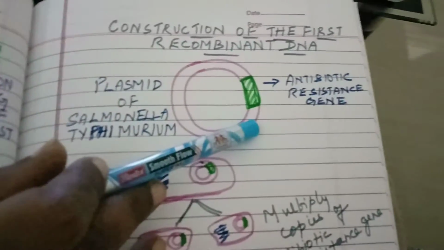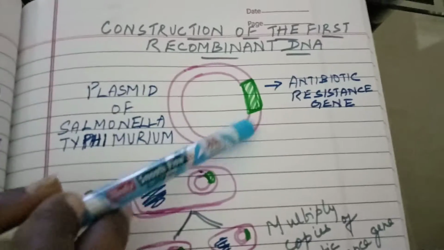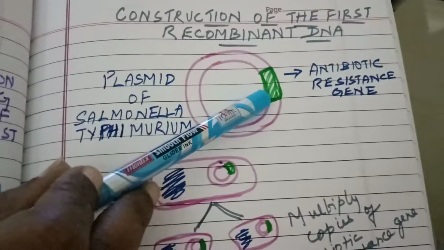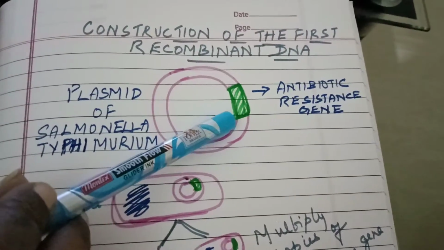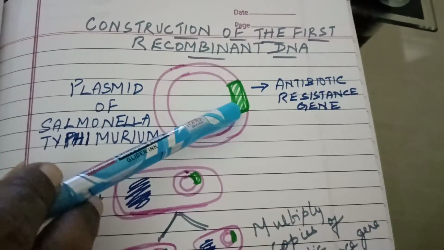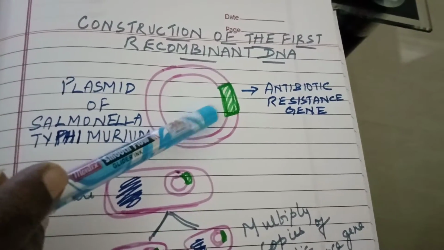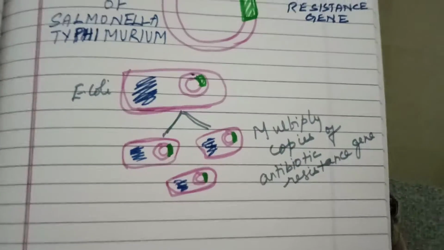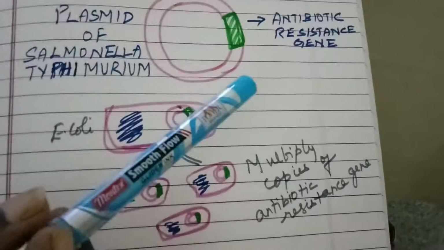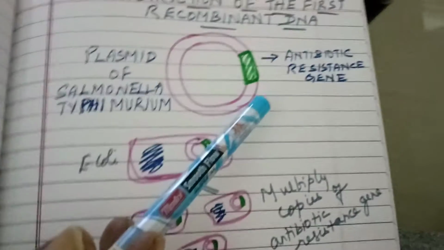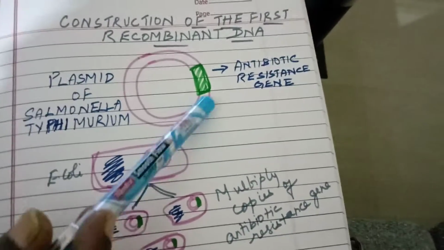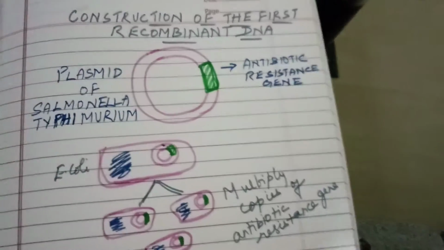The plasmid DNA acts as a vector because it carries the piece of foreign, alien DNA attached to it. So the linking of the antibiotic resistance gene became possible: they cut it, and then they have to join it.